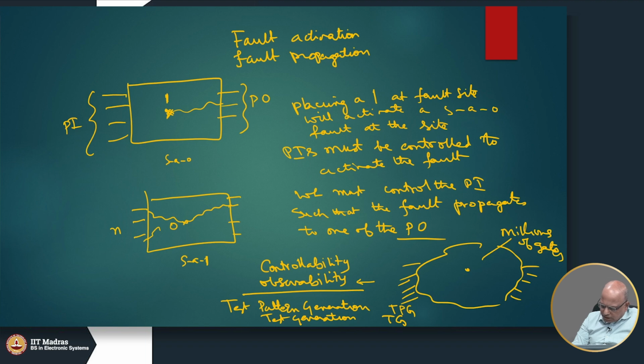For small circuits, yes, we can do it manually, but if it is a big circuit, it is virtually impossible to try and do manual test generation. So, when we do automatic test pattern generation, that is called ATPG, automatic test pattern generation, or ATG, automatic test generation.